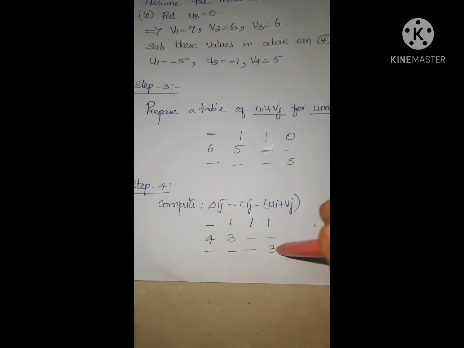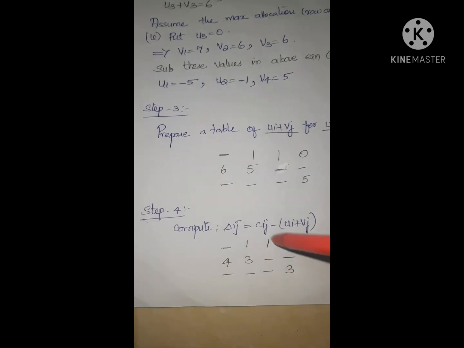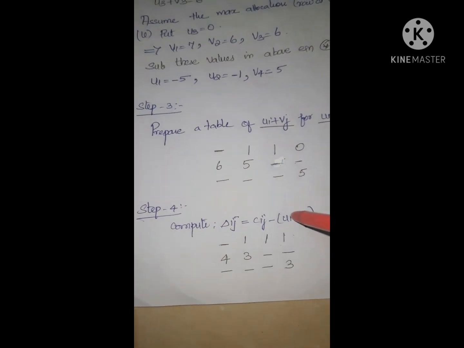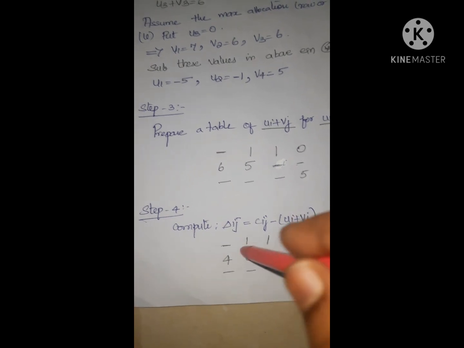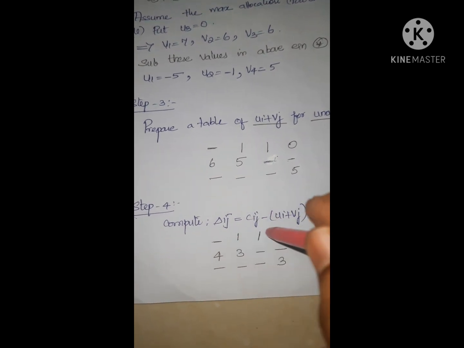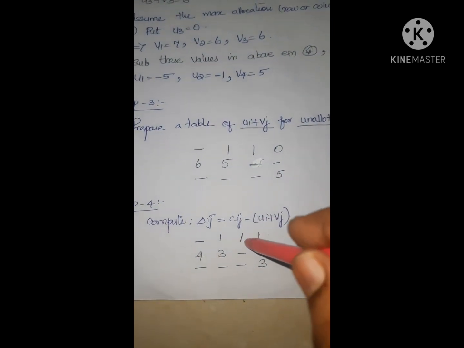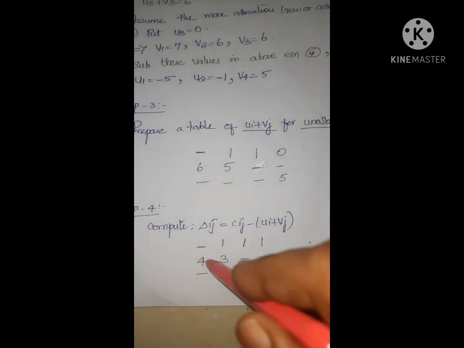After which, we have to check whether every value in this step 4 is a positive number. Every value here is called delta ij. So delta ij takes up the values 1, 1, 1, 4, 3, 3.